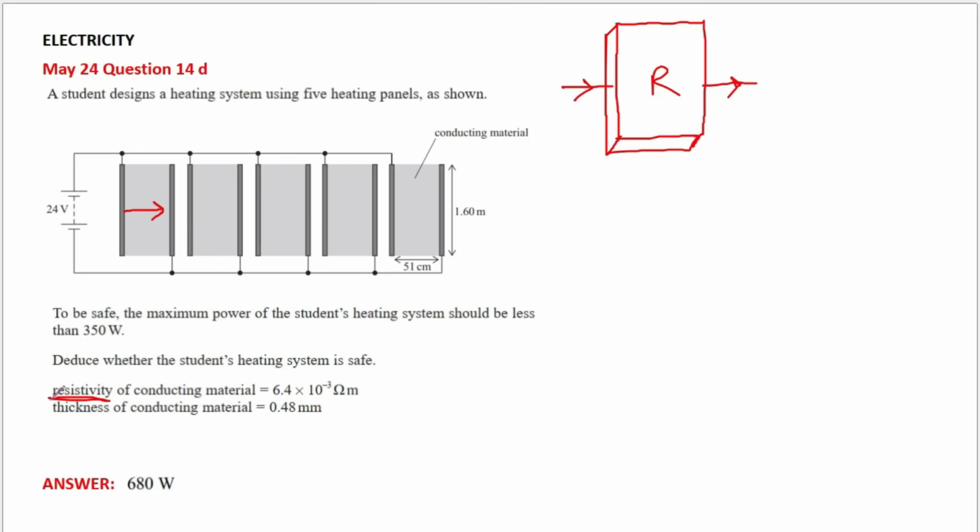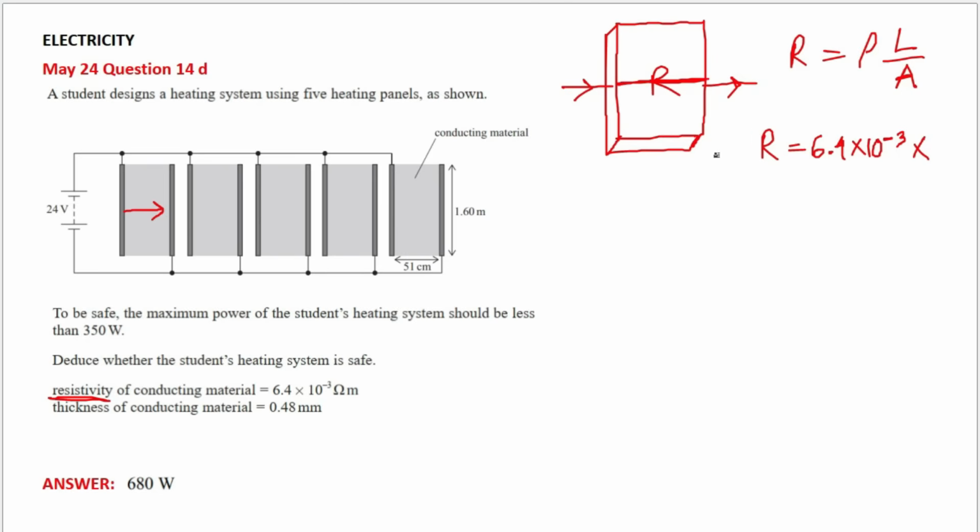In the previous question, I told you every time you come across resistivity, you just recall the equation resistance equals rho L by A. So resistance would be equal to resistivity, the value is given here, 6.4 times 10 to the power minus 3 times, see, this is the length because current flows through this length of the conductor, not this.